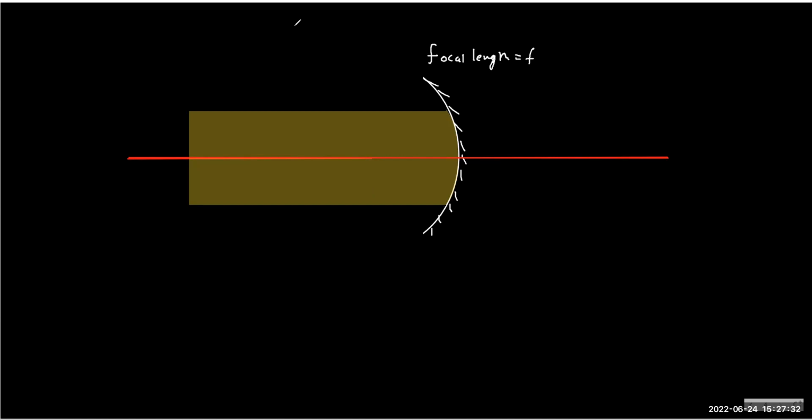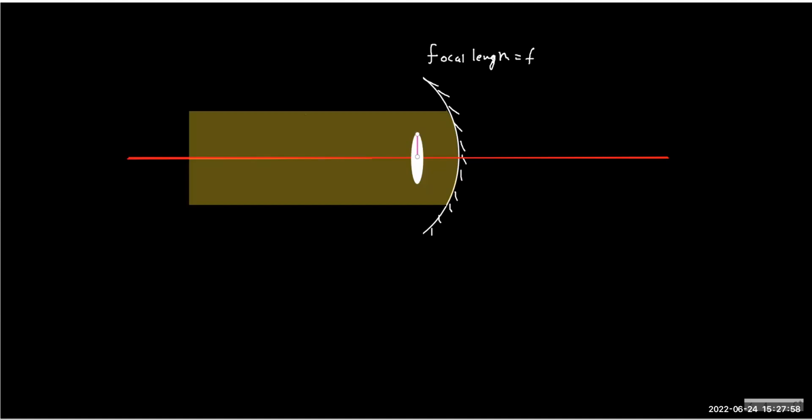And now what we do is we have a coin. So we put a coin here. The radius of the coin is unknown.